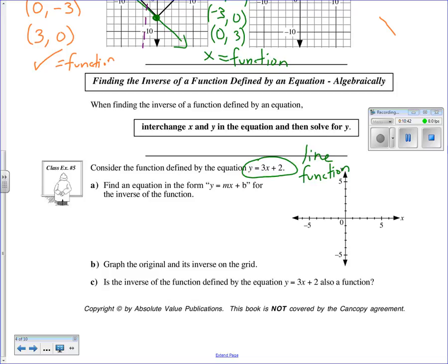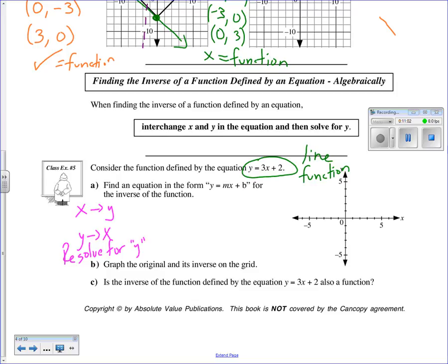So that's always good. Now I'm going to make the inverse. I'm going to try and change color on you. And to make the inverse, remember what we have to do is x has to become y, and y has to become x. And then we get to resolve for y. Resolve for y or isolate.